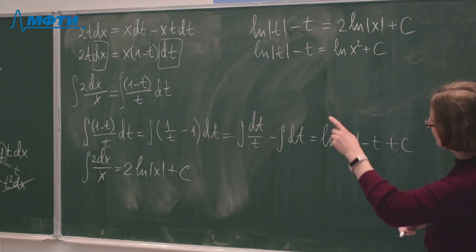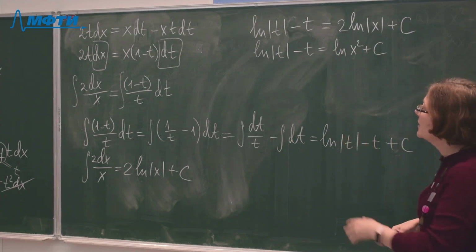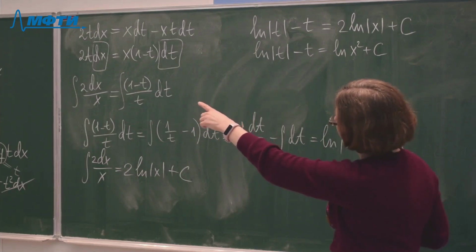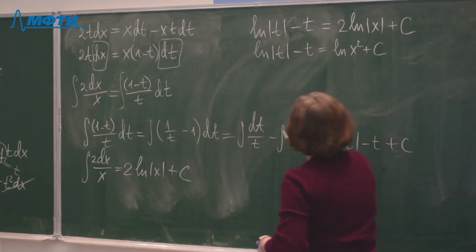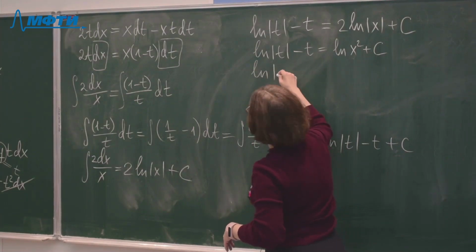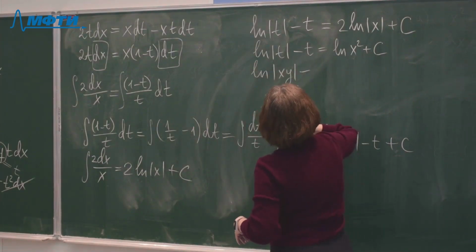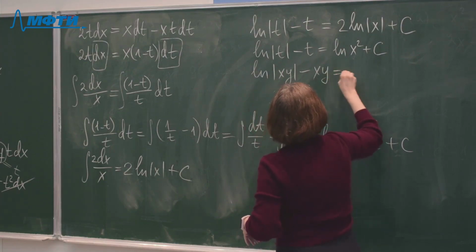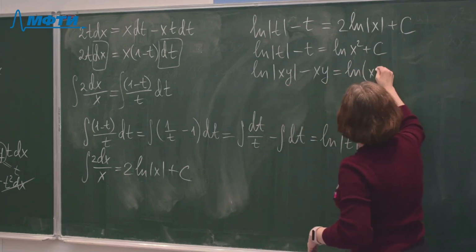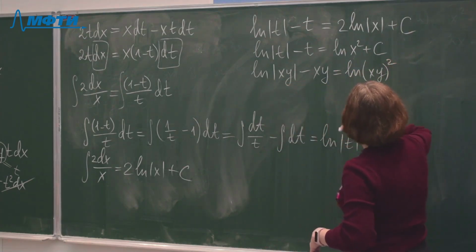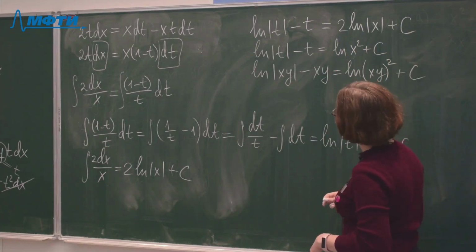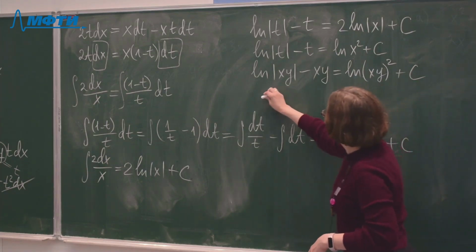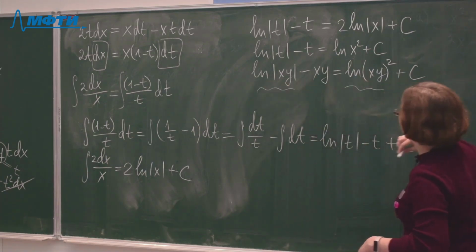Okay, next let's make back substitution. So we should substitute xy for t. It will be ln xy minus xy equals ln xy squared plus c, or it can be rewritten if we gather these two logarithms together.